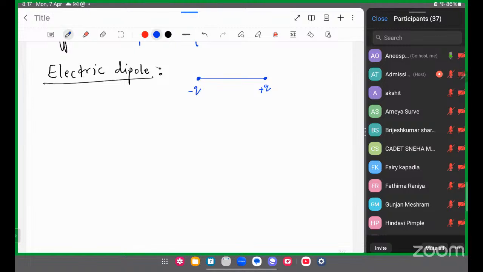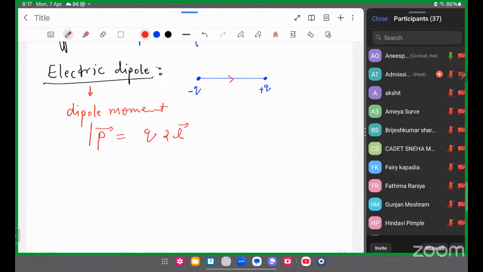For any electric dipole, we have its dipole moment. Dipole moment is given by vector P, which is any one of the charges of the dipole, because both charges are of equal magnitude, multiplied with 2L vector.